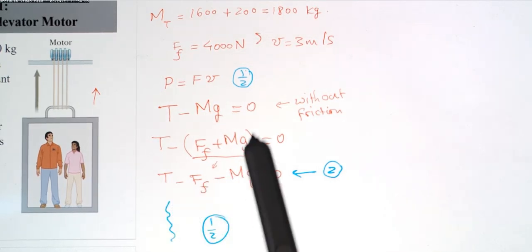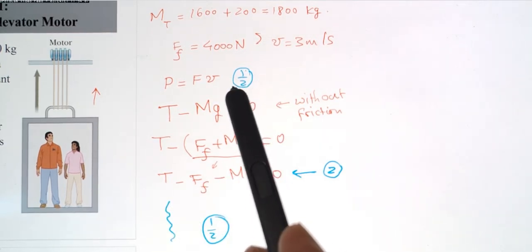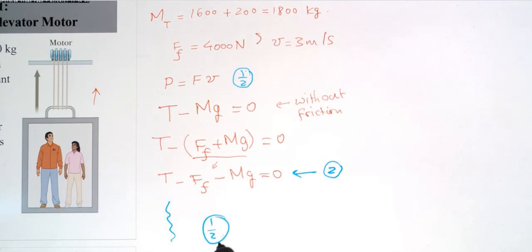I will give half a mark for this one and half a mark for the rest of the calculation. Where is friction? This is friction, the force of friction. Clear?